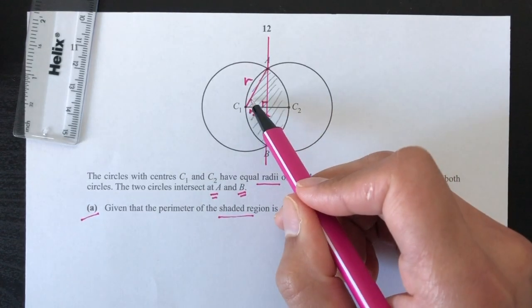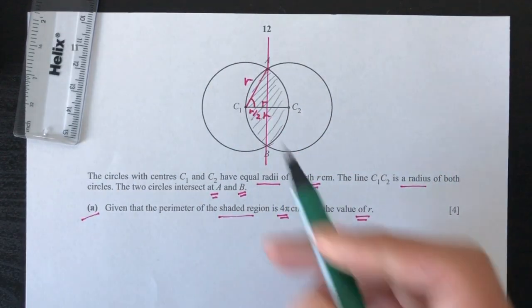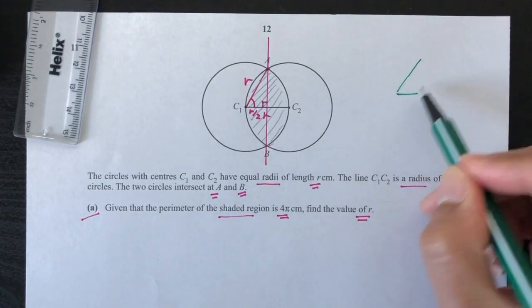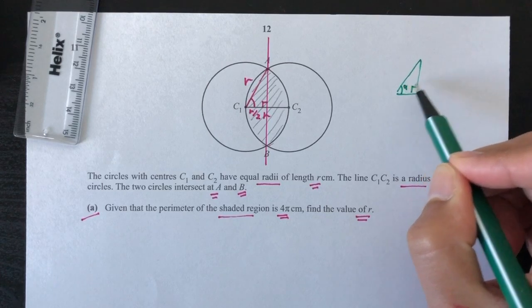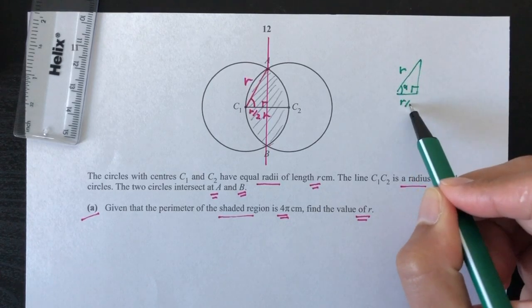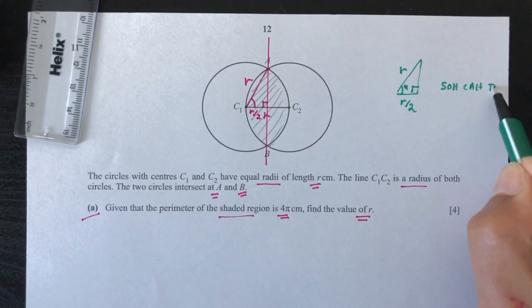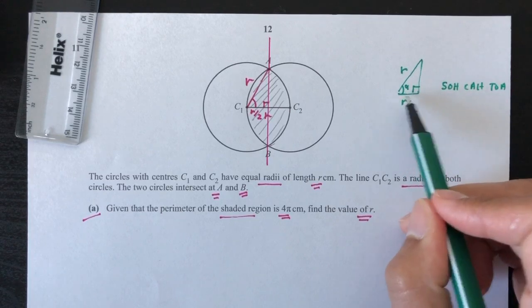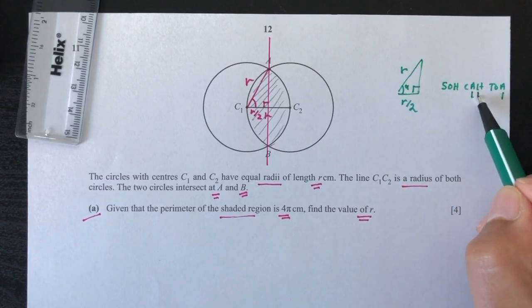So let's find this angle here. Let's take out this triangle. You will have a right angle triangle. We call this angle alpha. We have r here and r by 2, so we have to use SOH CAH TOA. Now to find this angle, we know this side, which is the adjacent side, and this one is the hypotenuse.